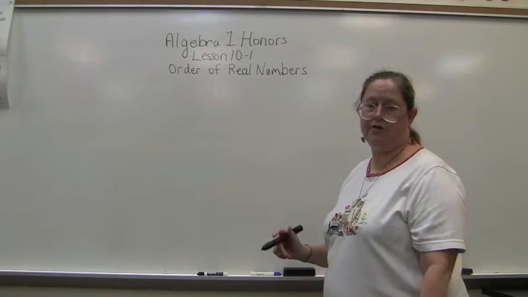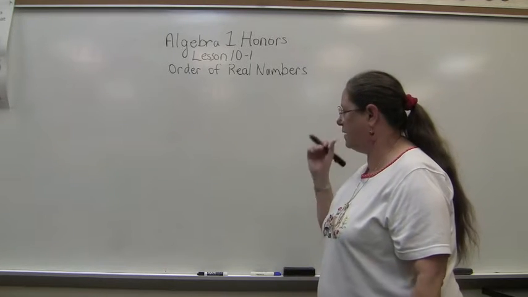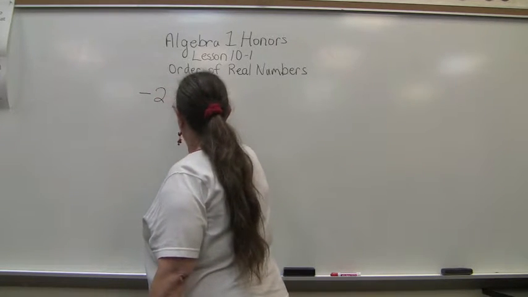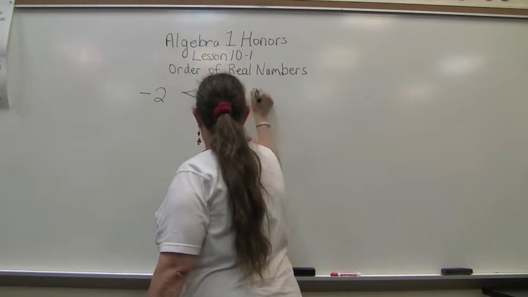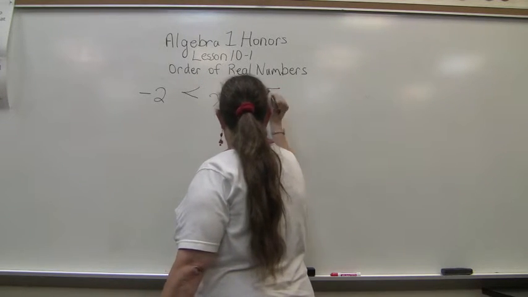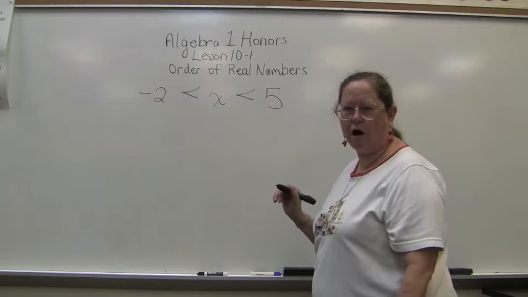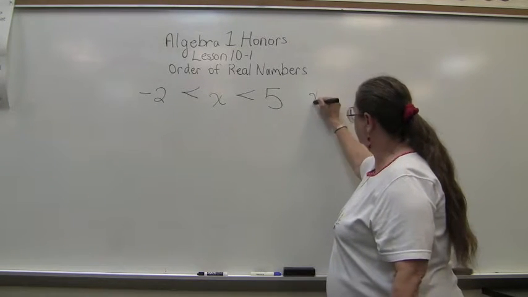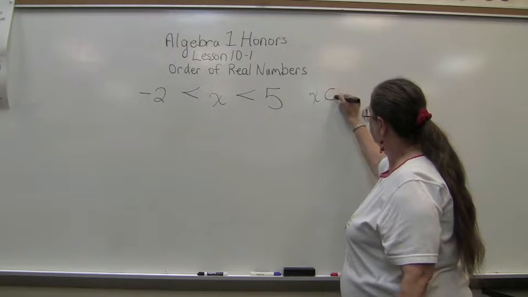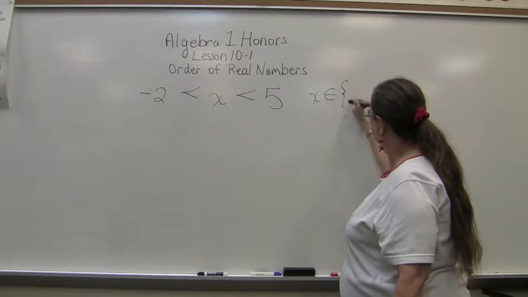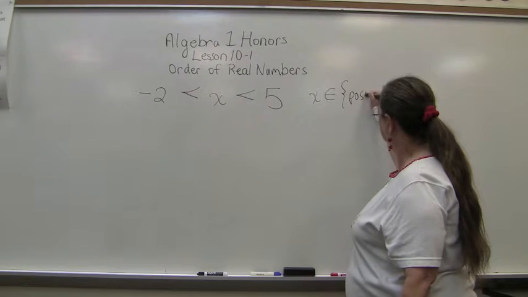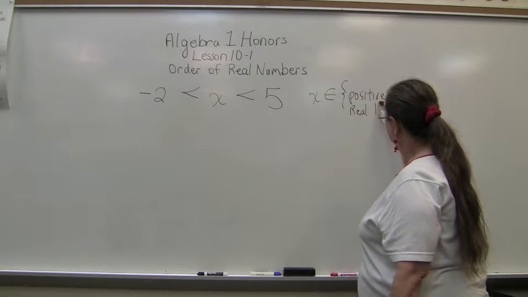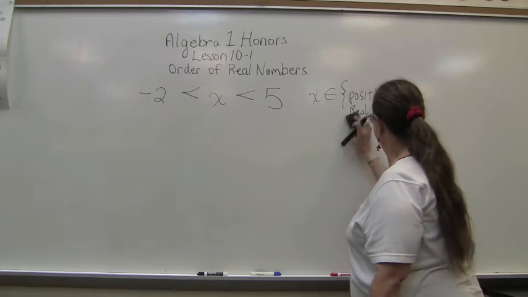All right, the last thing that's in there is if you have something like this, and they say, solve that inequality, find all the solutions where x is a member of, let's say, positive real, or say positive integers.